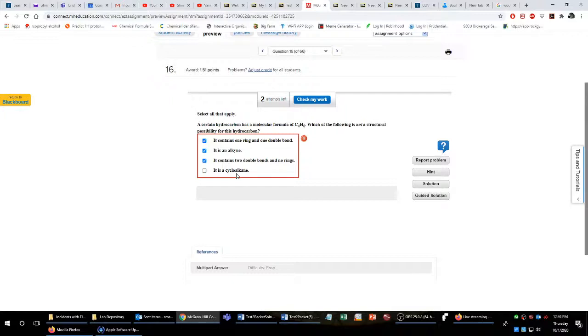That's correct. It's definitely not a cycloalkane.